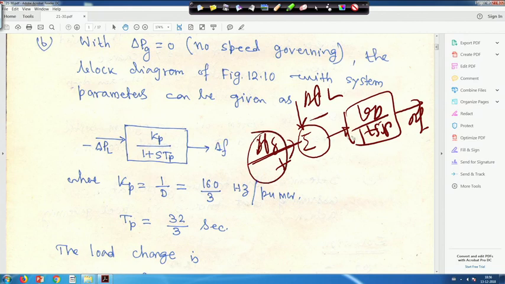Therefore delta F is minus delta PL times Kp upon 1 plus S Tp.